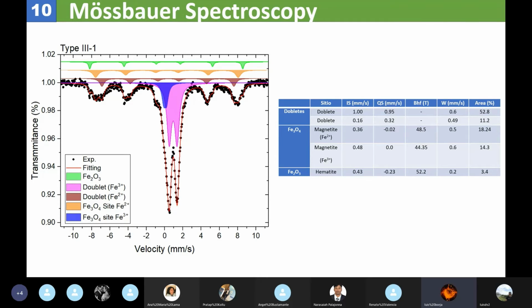In the center we observe two other curves that consist of only two peaks. These are called doublets.